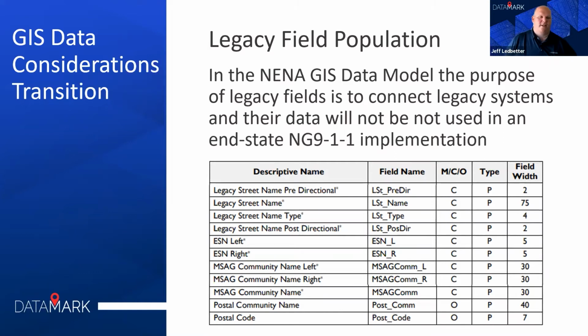So this actually is a great question to the point I'm trying to make: whatever happens in the MSAG with that extension note, whether it exists there or doesn't exist there, whether they put it in the post-directional, the type, or the name, you have to mirror or mimic exactly what they put in the MSAG in these legacy fields. But in the next generation 911 fields in your GIS data, you would put that in the post modifier field. Hope that helps answer your question there, Haley.